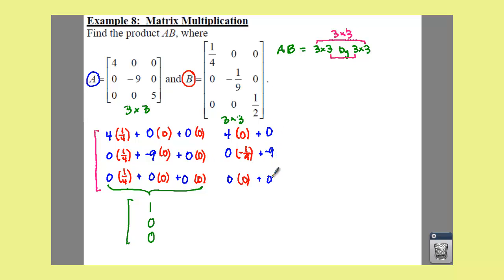So we're going to have 0, -9, 0. These are going to have to be multiplied by, oh, I goofed up here. This shouldn't be a -1/9. This should be a 0 here. There we go. So we want to multiply this column by this element.